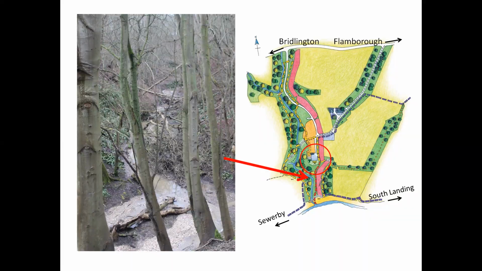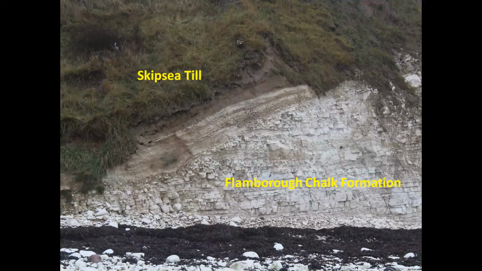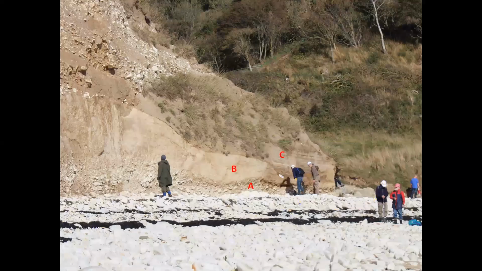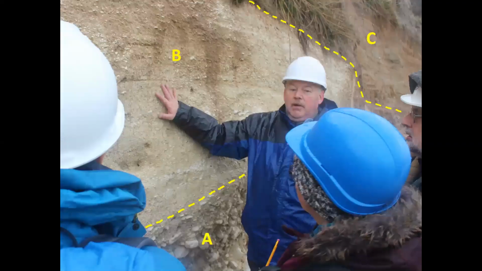Back on the shore, the eastern side of Danes Dyke shows chalk gravels, similar to the ones seen at South Landing, underlying Skipsea Till, but the more important section is on the western side. Above the weathered chalk, marked A on the annotated section, there is a chalk gravel, labelled B, with a matrix of wind-blown silt, the result of gelifluction on the sides of the valley under periglacial conditions.